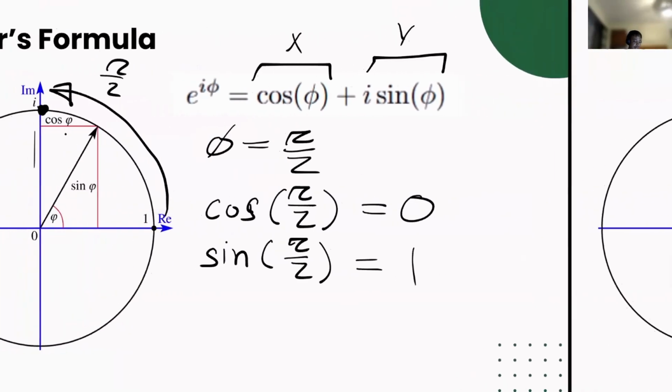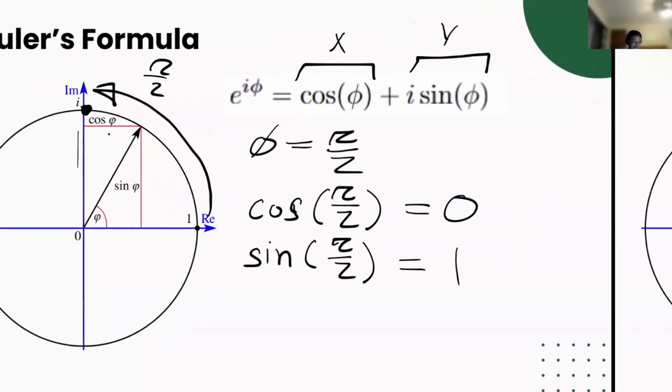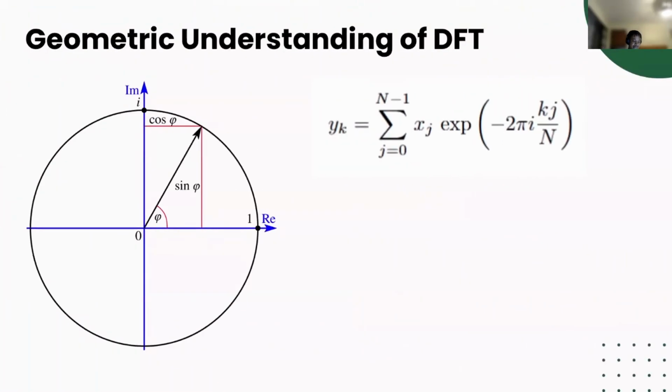So knowing this, we can now look at the discrete Fourier transform and understand a little bit of what is going on here. The first part that I want you guys to look at is that this e to the i times a number corresponds to a point.